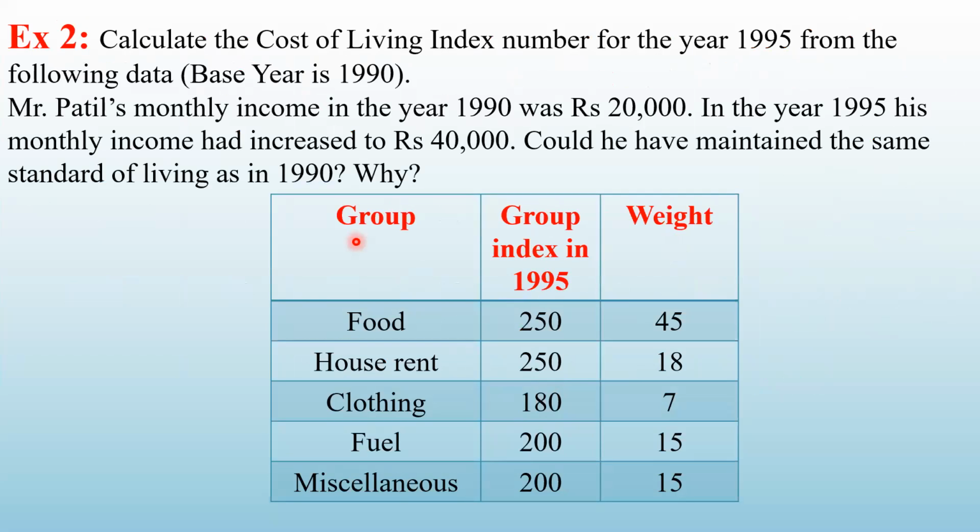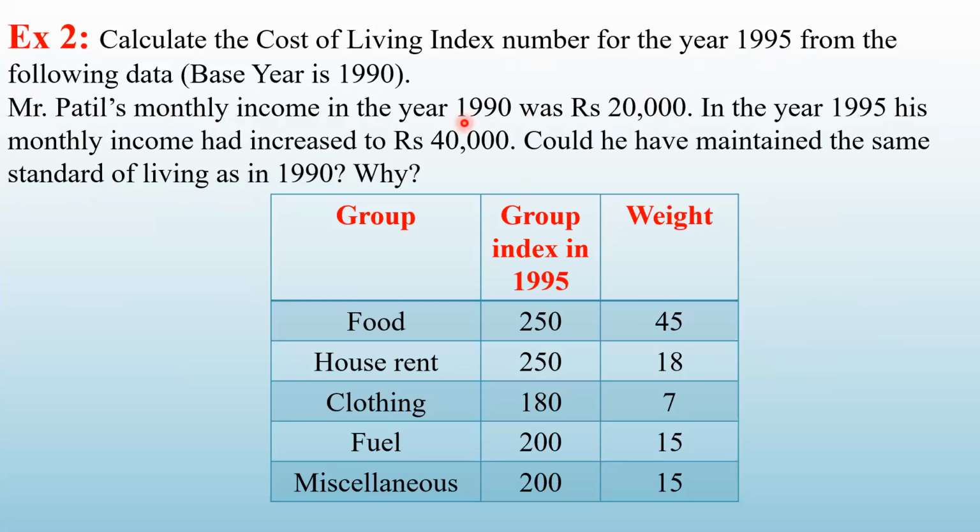After you calculate the cost of living index number, look at the next part of the question. Mr. Patil's monthly income in the year 1990 was rupees 20,000. In the year 1995, his monthly income had increased to rupees 40,000. See, the income has doubled. In 1990, he was getting 20,000.